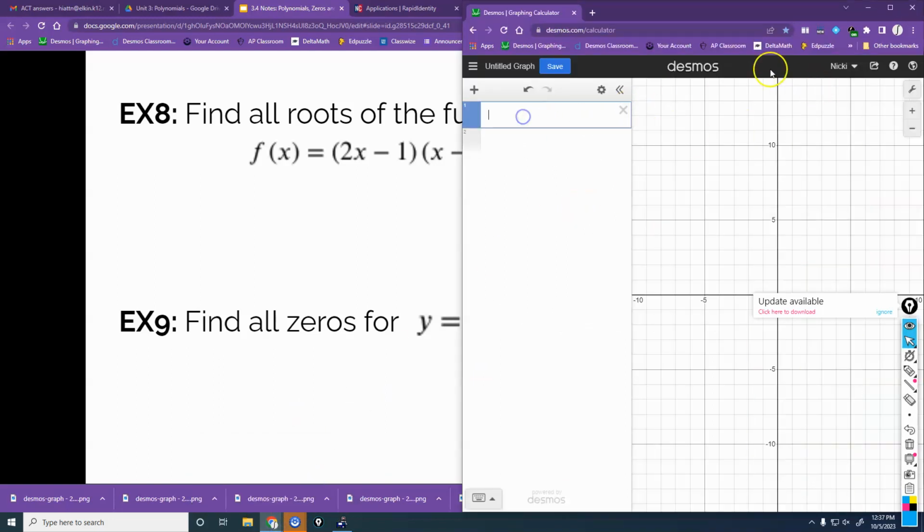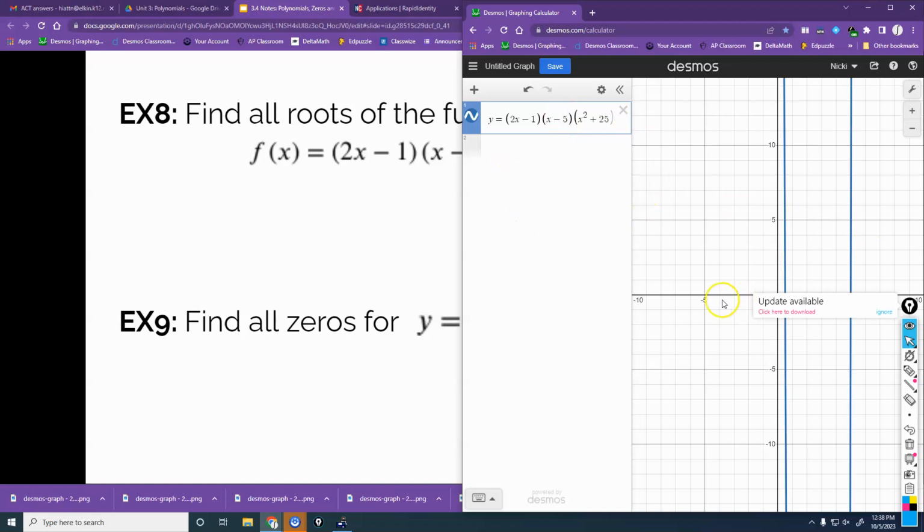We got 2x minus 1, x minus 5, and then x squared plus 25. Alright. Let's see. Y equals, why is it not graphing that? Oh, I didn't write my 5.